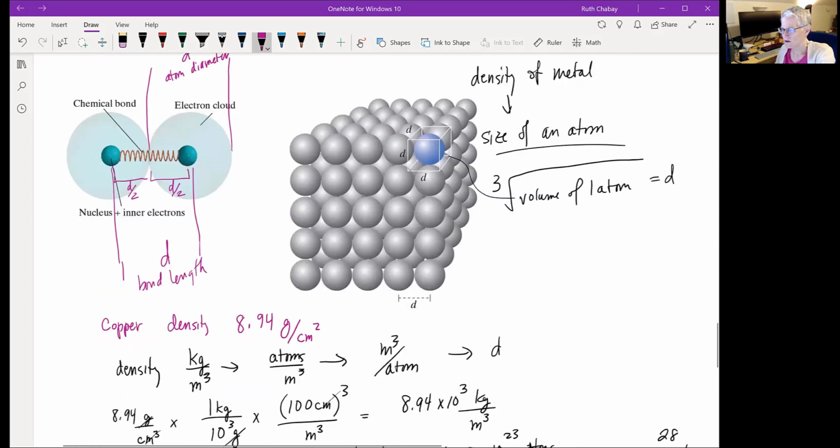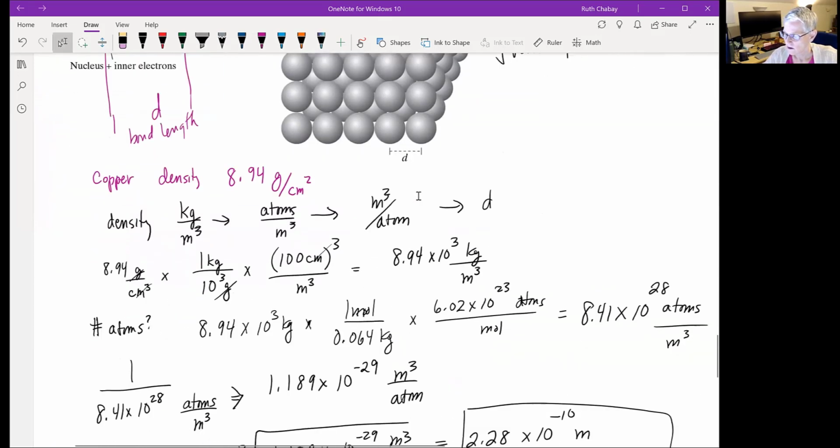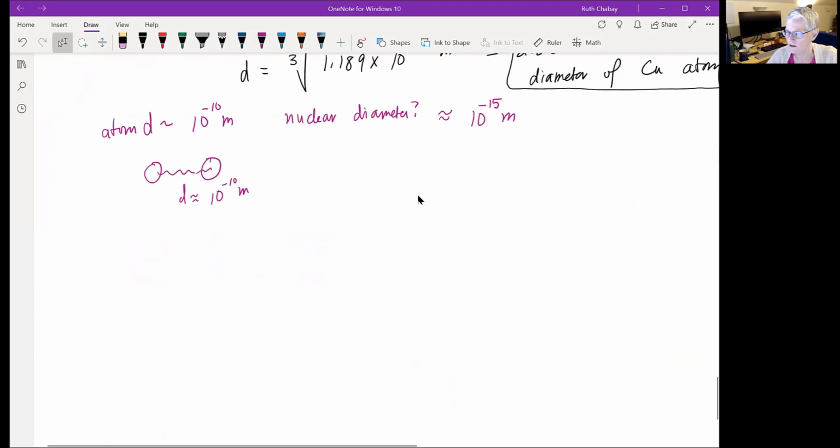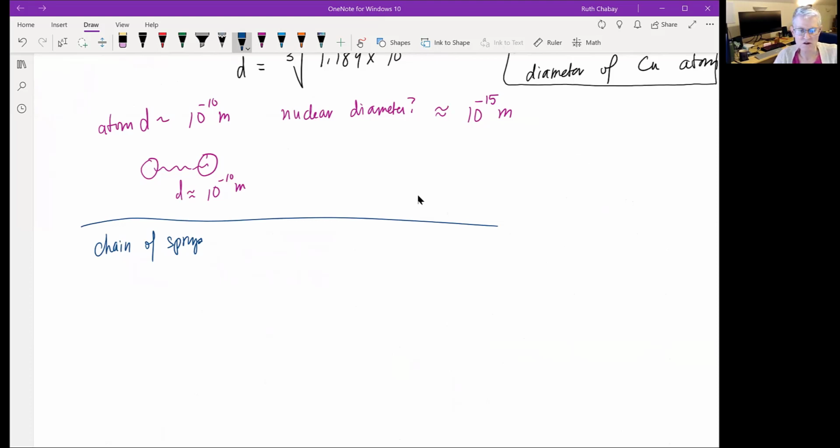But going back to this picture, we have some other issues here, because we have lots of springs in a chain. So here's our chain of springs, and we need to be able to relate the stiffness of a whole chain of springs, which is what we're measuring if we hang weights on the end of a wire, to the stiffness of one spring.